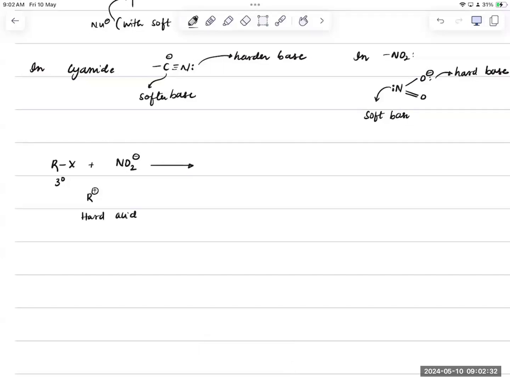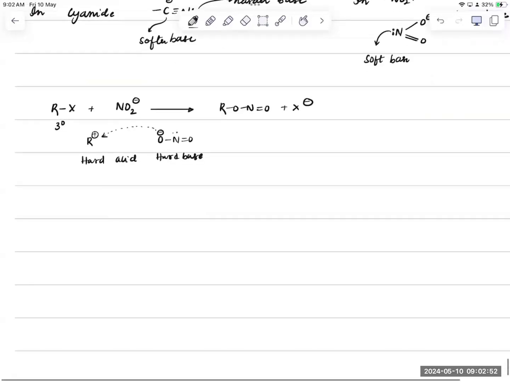Now the O minus is a hard base, so this is the reaction that will happen. The product will be R-O-N double bond O plus X minus. Clear now? That's why in the case of tertiary, you'll usually see oxygen getting connected more easily. Got it?